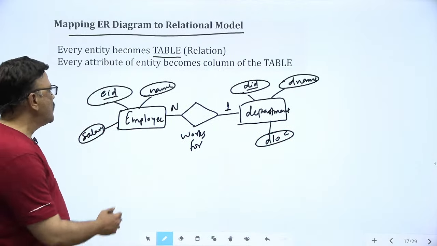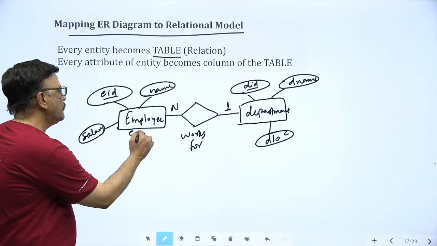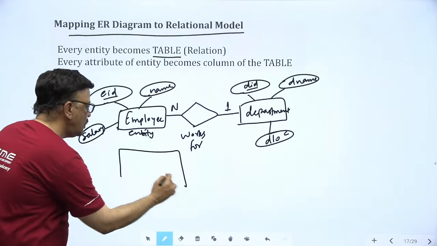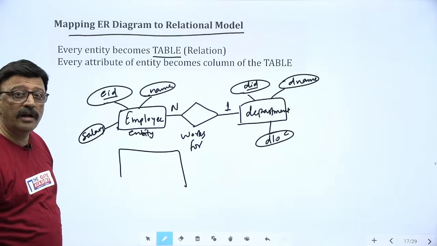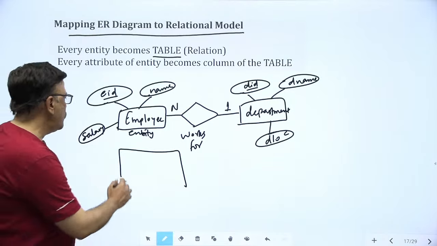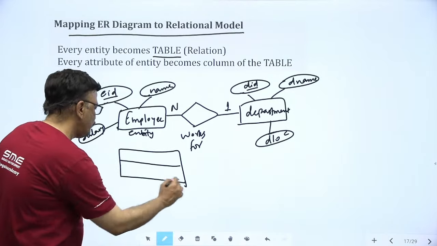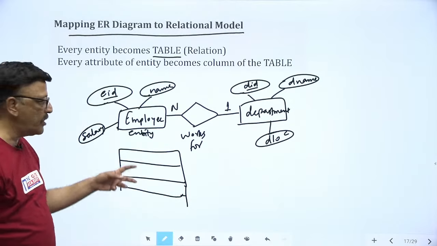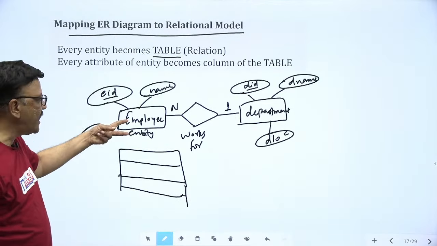What happens is, this employee, which is an entity, becomes a table. By table I mean a regular table containing rows and columns. So what we are doing is transforming our diagram from a rectangle to a table.